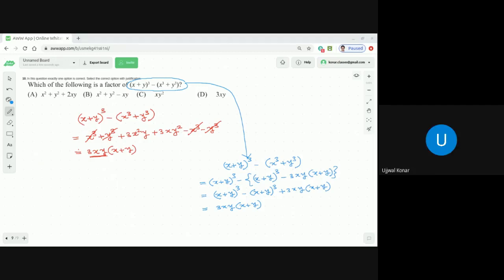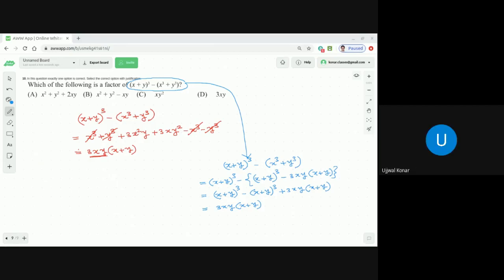Seventh one, let me open that. One of the factors of... Okay, let me open your solution. Sir, I'm just giving the number.